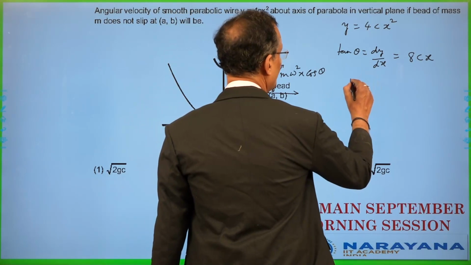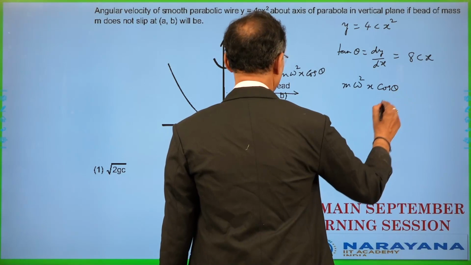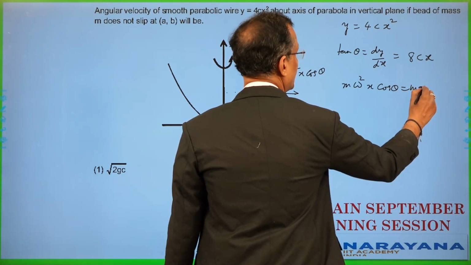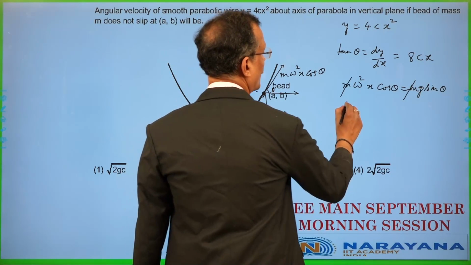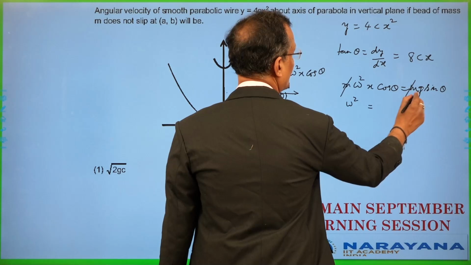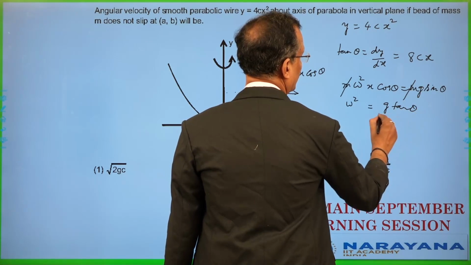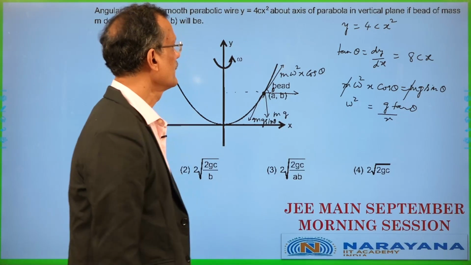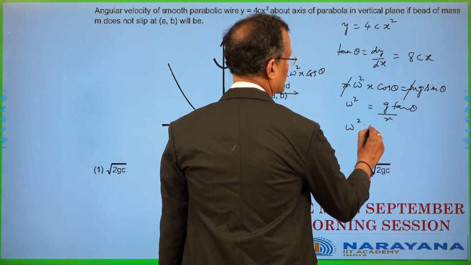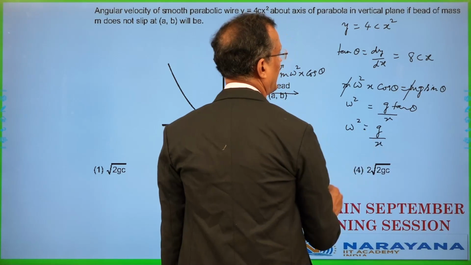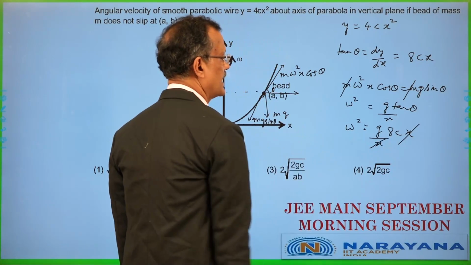Here you have m omega squared x cos theta equal to mg sin theta. m is cancelled, omega squared equals g tan theta by x. Clear? You have tan theta as 8cx, so omega squared equals g by x times 8cx, x is cancelled.